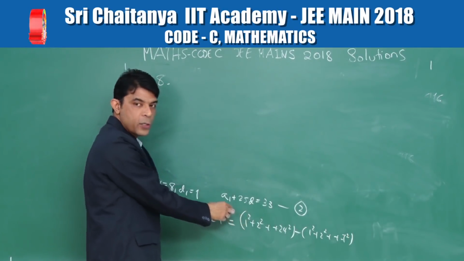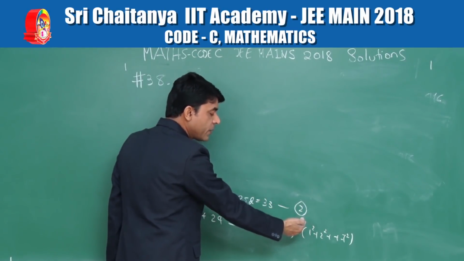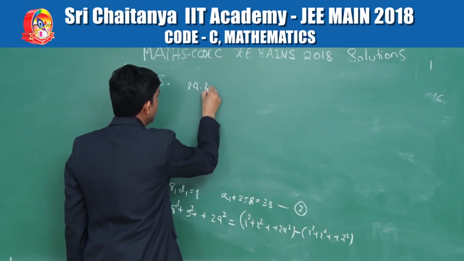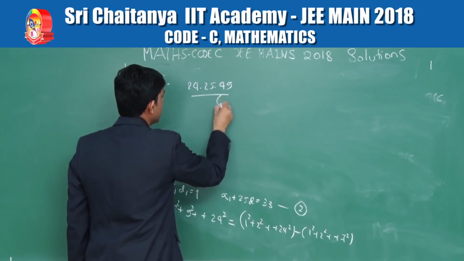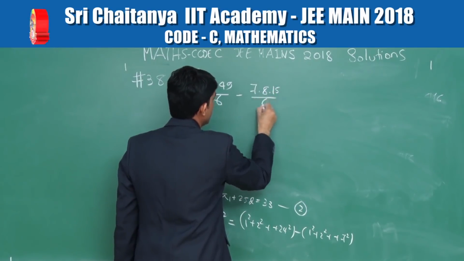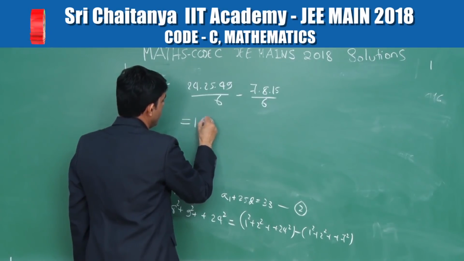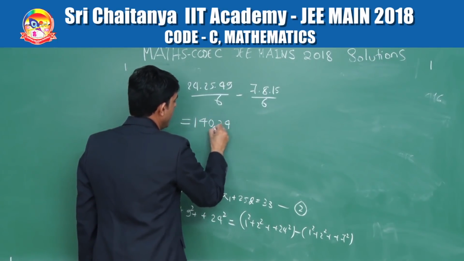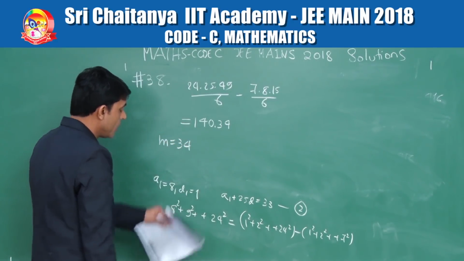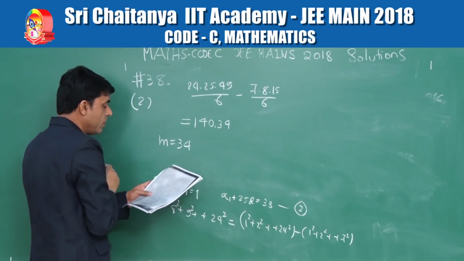It is the sum of squares of first 24 terms, and the next summand is the sum of squares of first 7 terms, so that you can calculate as 24 into 25 into 49 over 6 minus 7 into 8 times 15 over 6, and that simplifies to 140 into 34, and so our m turns out to be 34. And so the answer to number 38 is option 2, that is 34.